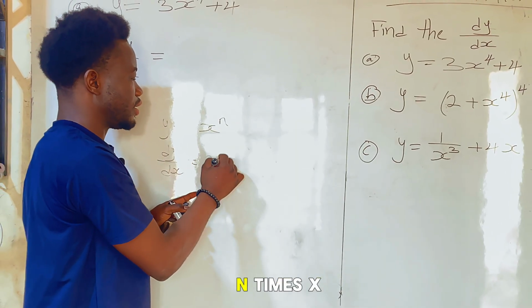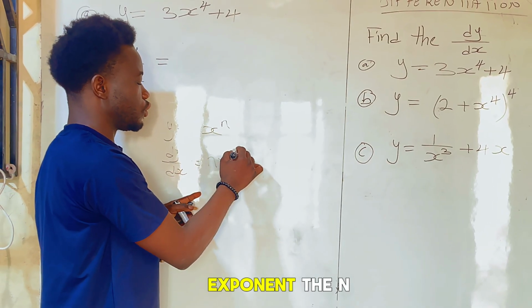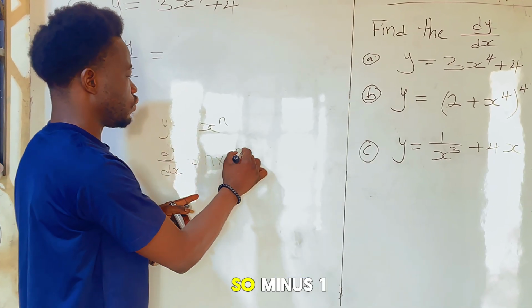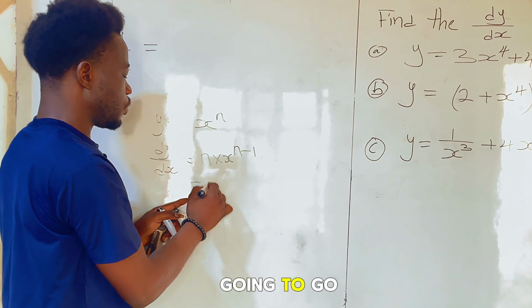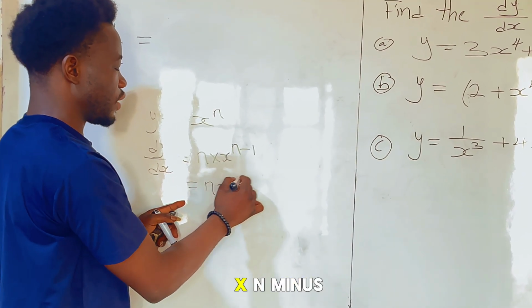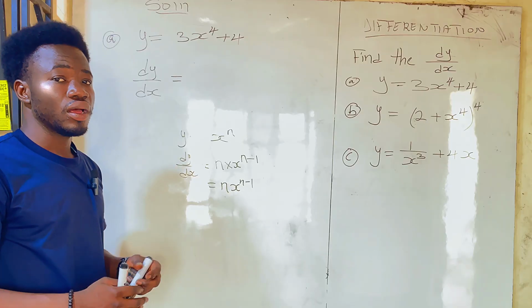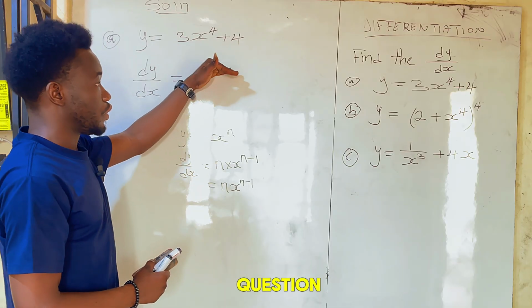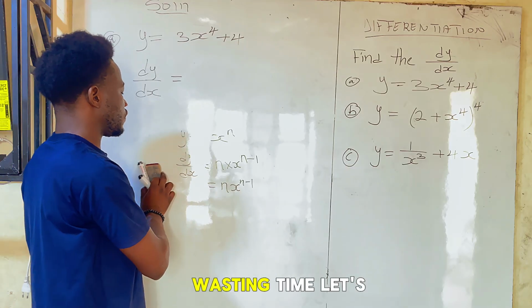So I have n times x exponent n. Now I subtract 1 from the exponent, so minus 1. And this is going to equal n x exponent n minus 1. That is from the general method, and this is the method we are going to use to solve our question. Alright? So without wasting time, let's get it.